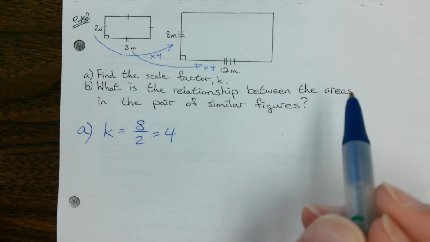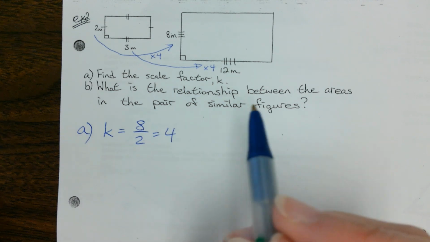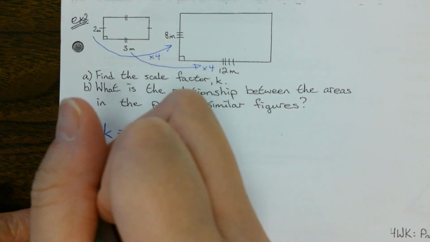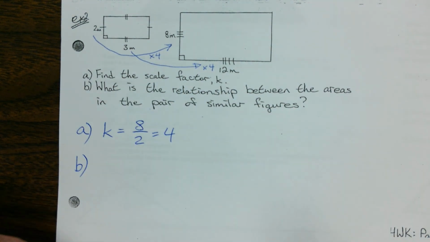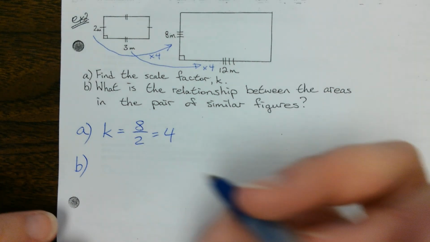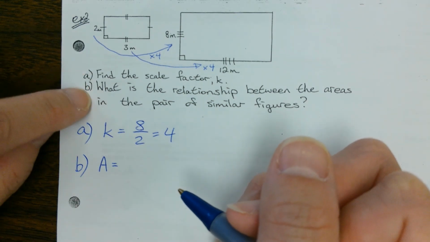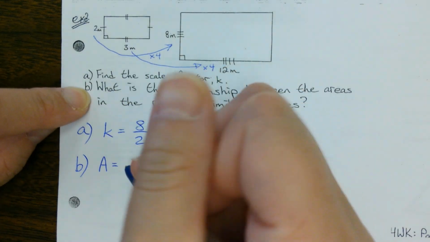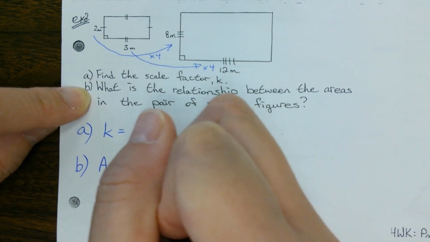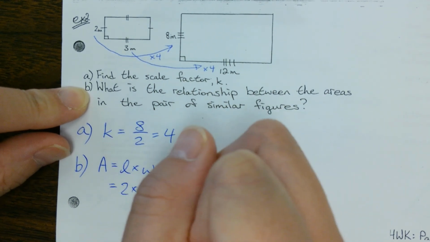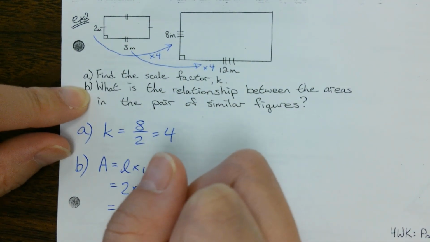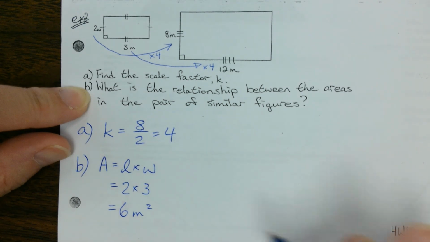What is the relationship between the areas in the pair of similar figures? Yesterday we started off with that triangle, and then we said it was 4 and 1/4. So this is where it comes back. How do we actually find it? Why is it 4? For the small rectangle, 2 times 3 is 6 meters square.